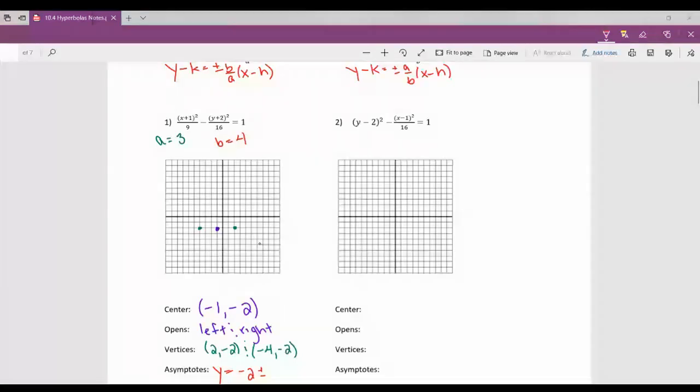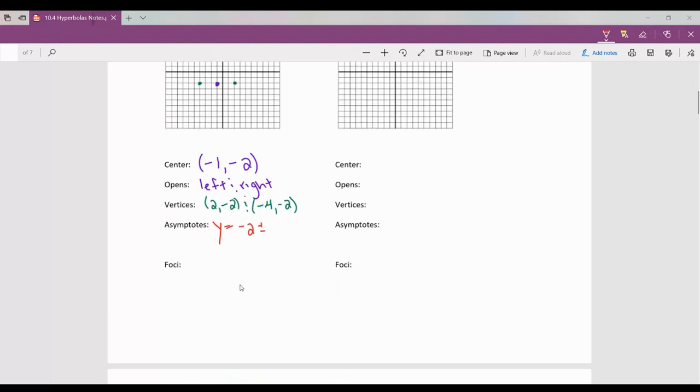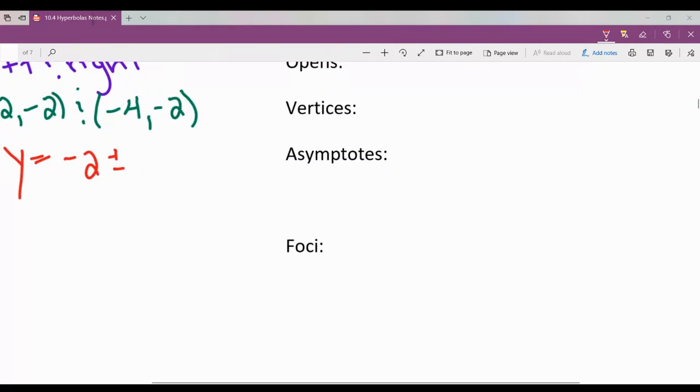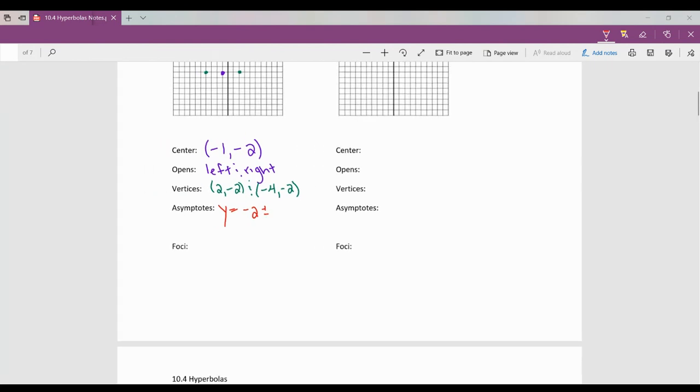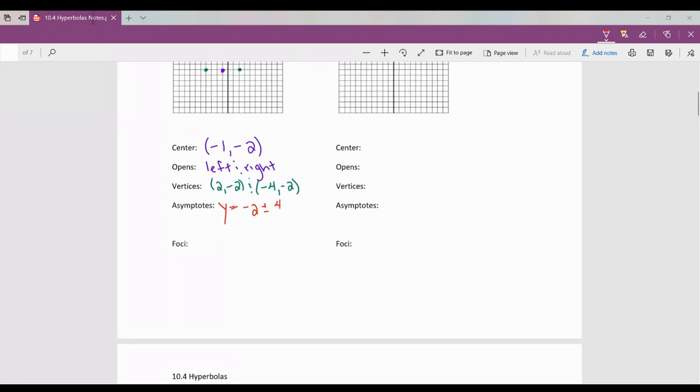So y is 4 over the x's, which is 3. So my slope is going to be 4/3. And then it is x minus a -1, so x + 1. Those are my asymptotes.